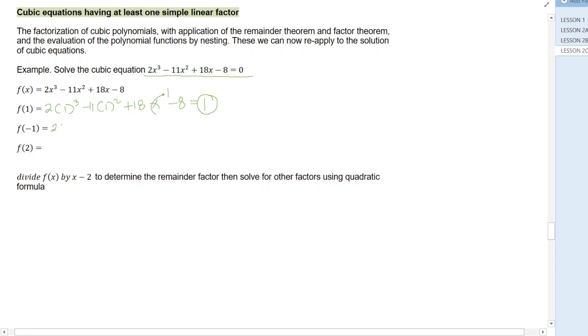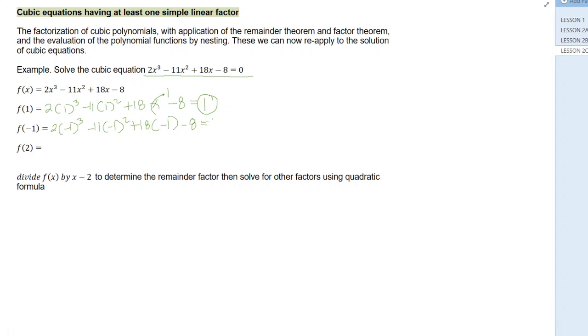So if that is negative 1: 2 times negative 1 cubed minus 11 times negative 1 squared plus 18 times negative 1 minus 8. Let us compute. That is negative 2 minus 11 minus 18 minus 8, that is negative 39. So that is not a root of your cubic equation.